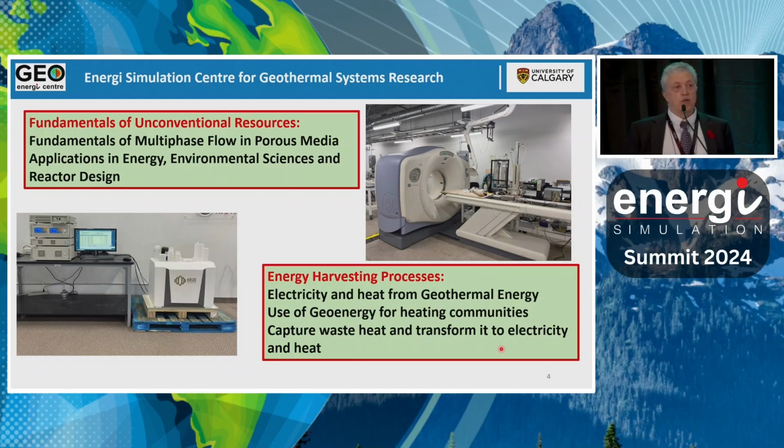We are not going to talk about that today. I was instructed not to. But some of the posters that you have out there are some of the unconventional projects that we're doing. Then I encourage you to go and have a look and maybe talk to us afterwards if you're interested. The project we are going to talk about today is under the title of Energy Harvesting Processes.